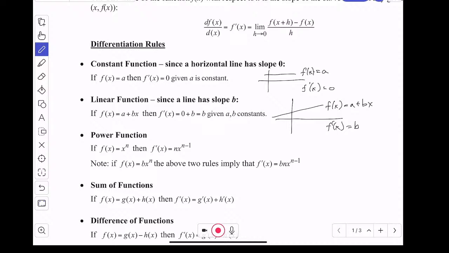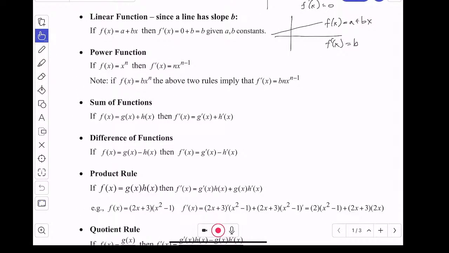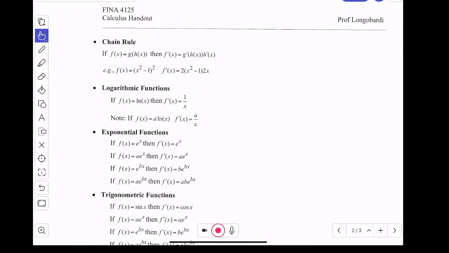And then we have different functions and how to deal with them. In particular, the derivative of the exponential function. The derivative of the exponential function is just itself.